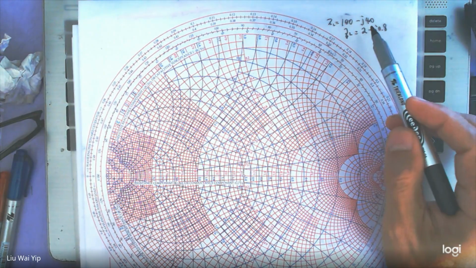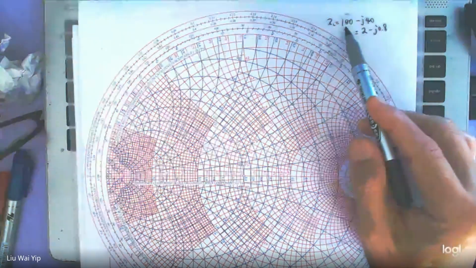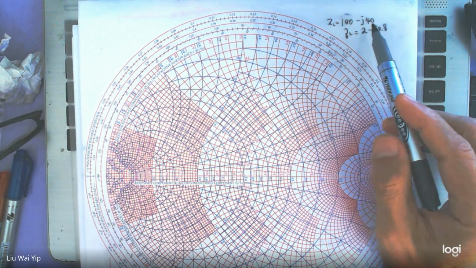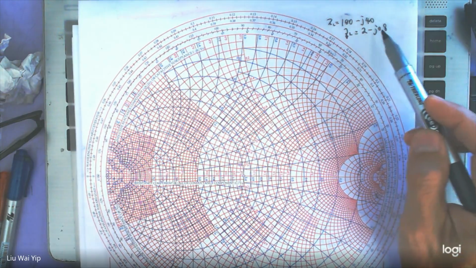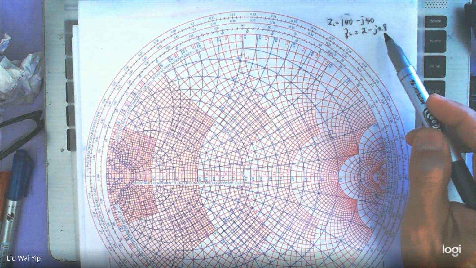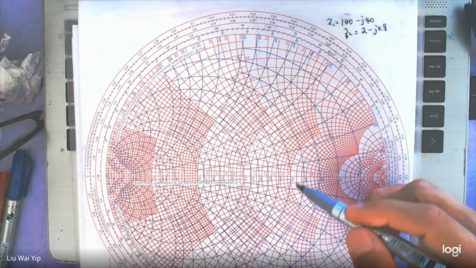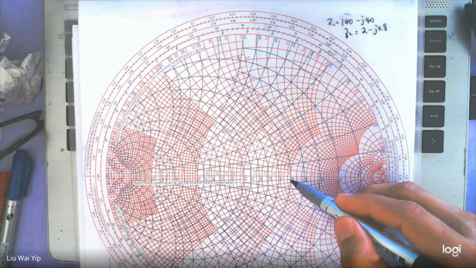The first thing that you need to do is to normalize it by dividing the load impedance by 50. So this will end you up with 2 minus j0.8. So you locate the point 2 minus 0.8.